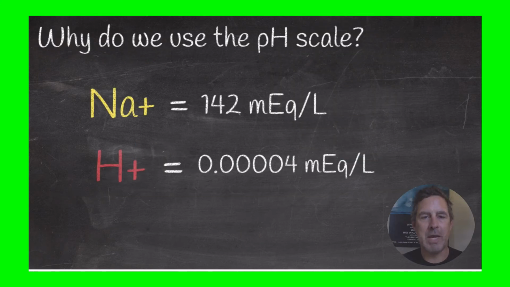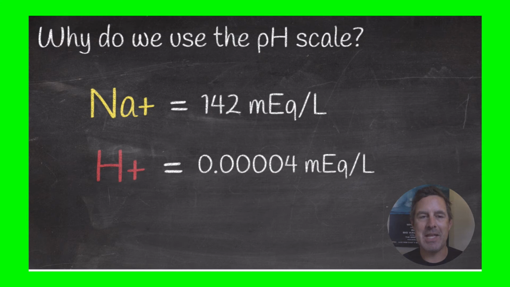So we use the pH scale just because it's much easier. There's a much higher concentration of sodium, as we can see in this slide right here, than the hydrogen ion: 142 milliequivalents per liter for sodium and 0.00004 milliequivalents per liter of the hydrogen ion.